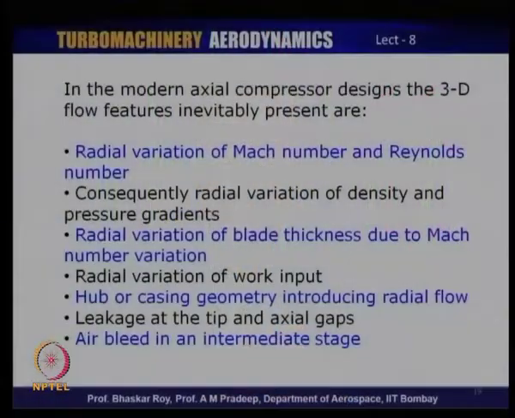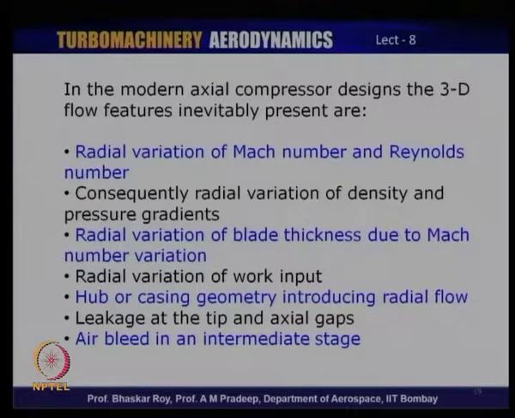So, the design of the blade would then be dependent on a number of 3D flow features. So, these 3D flow features are set forth as: you are going to have a radial variation of Mach number and Reynolds number. To the extent the flow could move from subsonic near the root to supersonic near the tip, and the Reynolds number would also vary, and hence you would probably need to choose different kind of aerofoils near the root than compared to that near the tips.